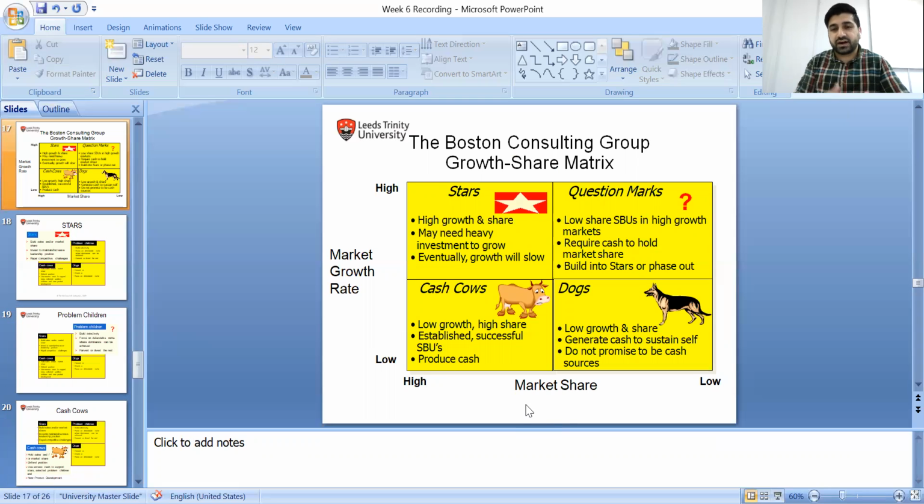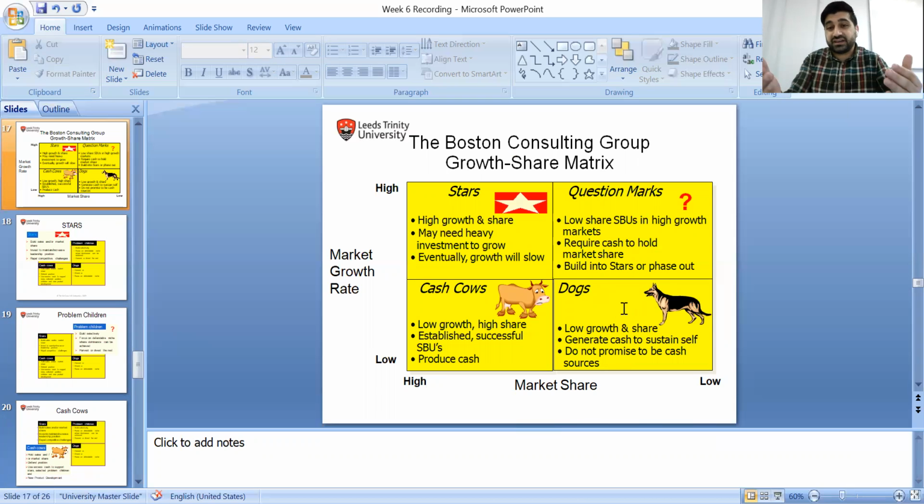Whenever we start a new business, we capture a very limited number of shares, so we have a very low market share, and Boston Consulting Group calls this level a dog, because at this stage we have low growth and share, generating cash and sustaining itself.